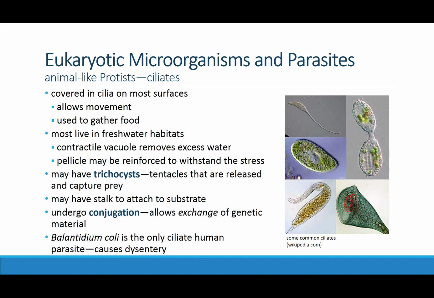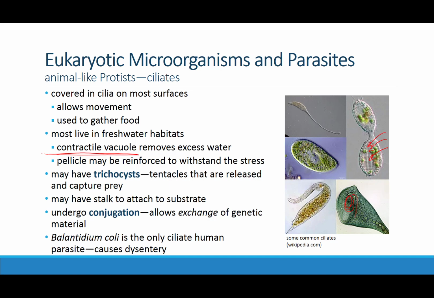Most of them are freshwater, and because of that, because they've got lots of dissolved materials inside their cells, they're frequently getting water flooding in, and they have structures called contractile vacuoles that are constantly pumping fresh water out of their cells as well, so that they don't wind up having their cells burst.